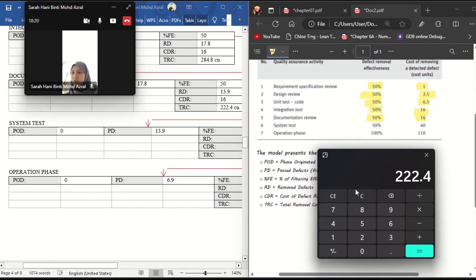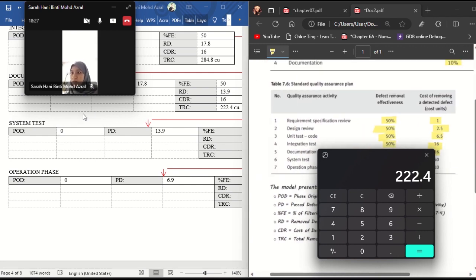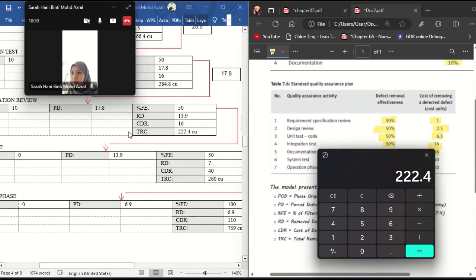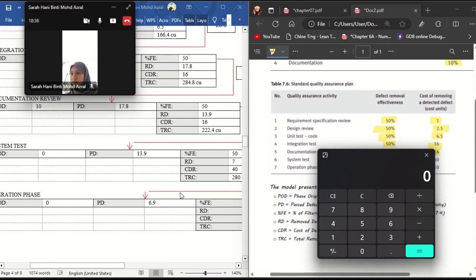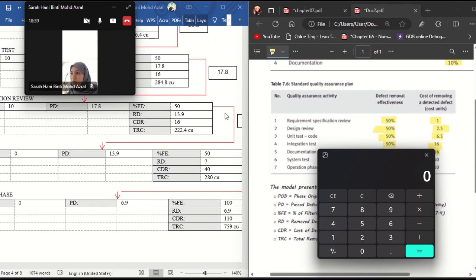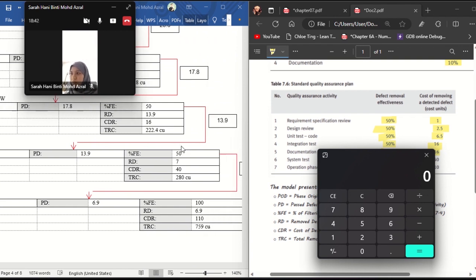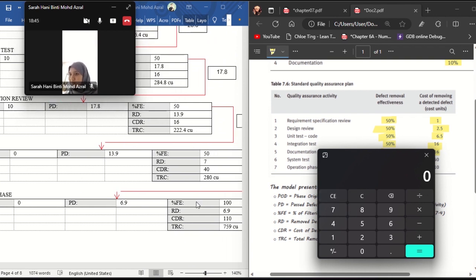The second last phase is system test. The POD was not given in the reference, therefore it's 0. And the PD is 13.9. Like always, 10 plus 17.8, then you subtract 13.9, you will still get 13.9. Just for the sake of presentation, I will just show it.